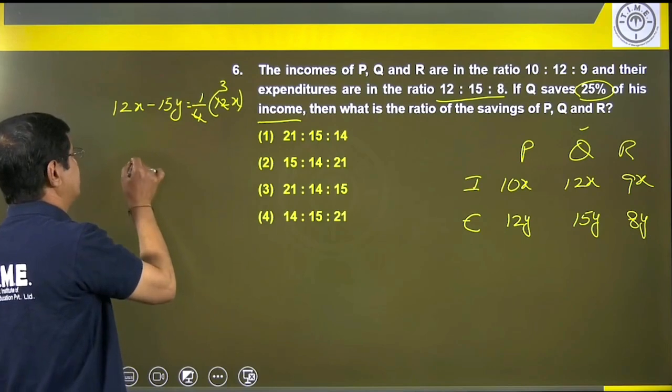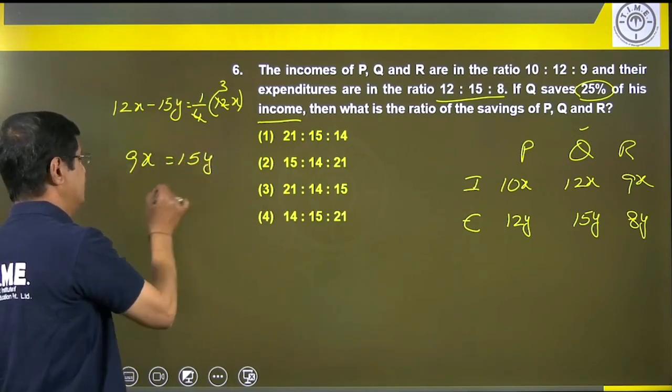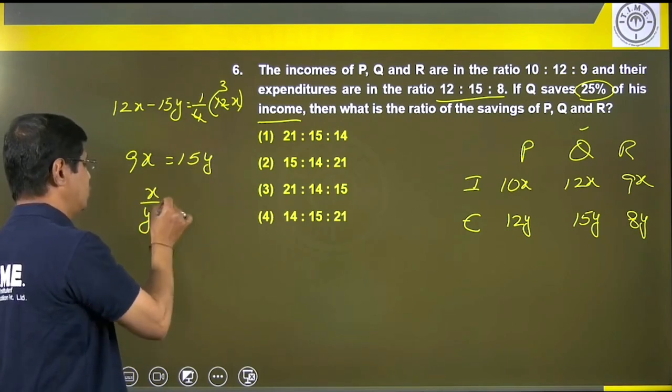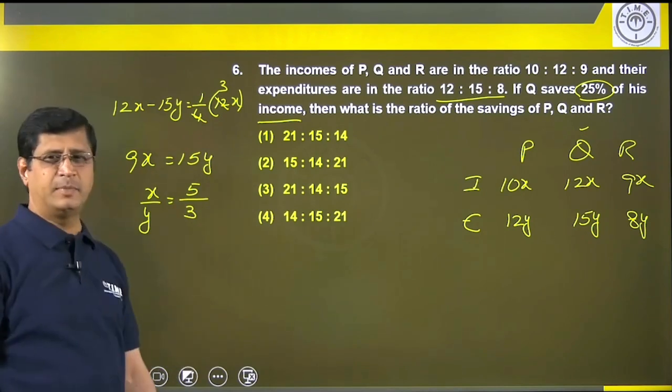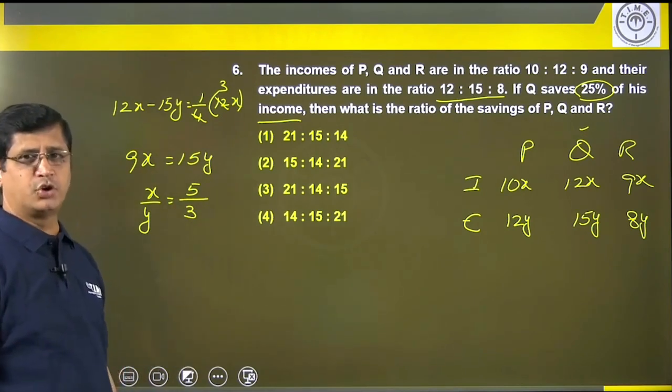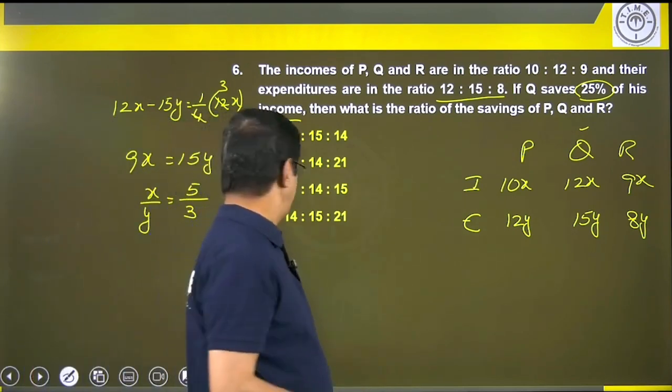By taking variables on one side, numbers on the other side, 9x is equal to 15y. x by y is equal to 5 by 3, which means 5:3. The ratio is 5:3. So what about the values of x and y? 5k and 3k.